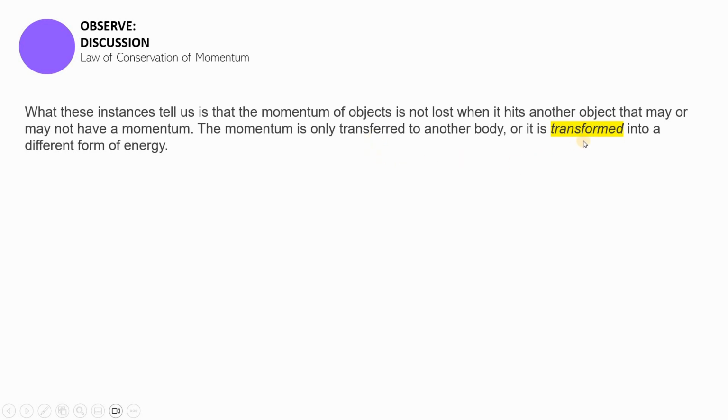But if the momentum was transferred, pero merong mga parang kulang, halimbawa, parang hindi naman ganon kataas yung momentum na naipasa, like we're expecting this much momentum to be transmitted to the next body, pero hindi siya ganon kataas, then we can say that some of the momentum was actually converted or transformed into a different kind of energy.